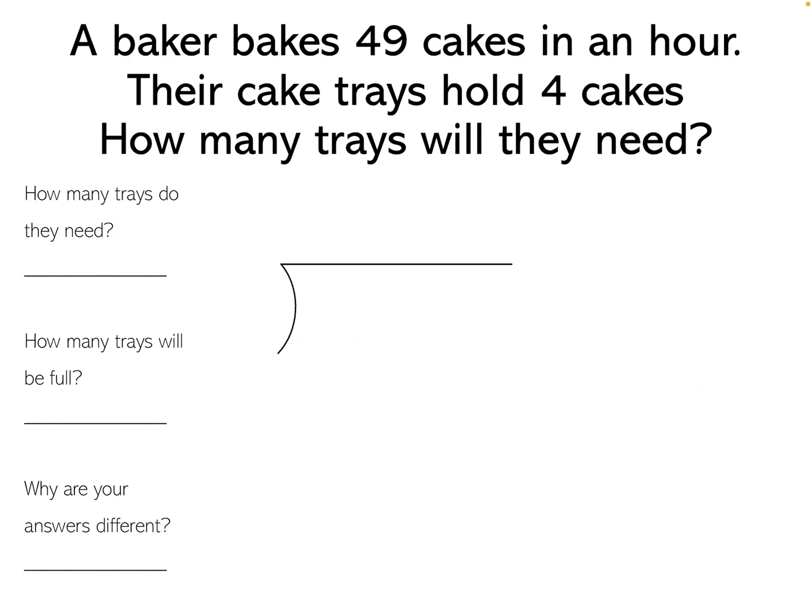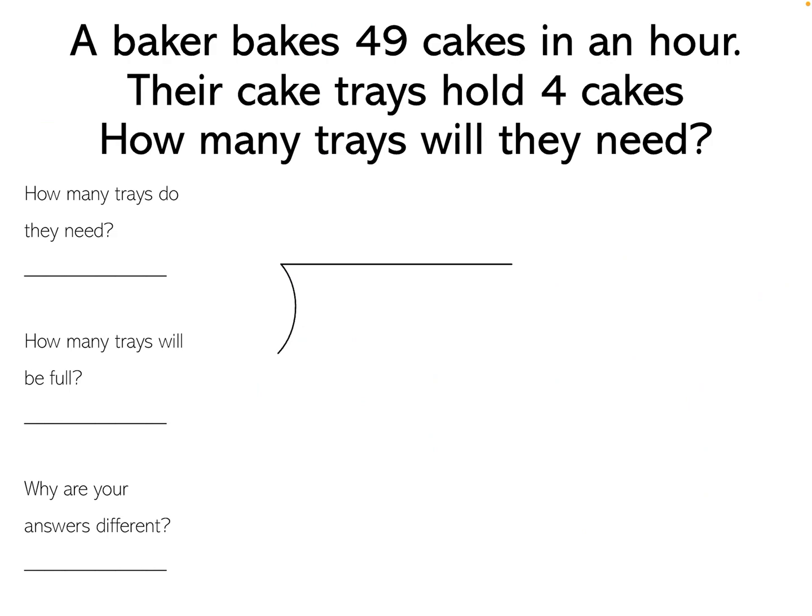Now, for our next couple of chilies, so this is going to be our 2 and our 3. Looking a little bit more into the steps of our question. So a baker bakes 49 cakes in an hour.